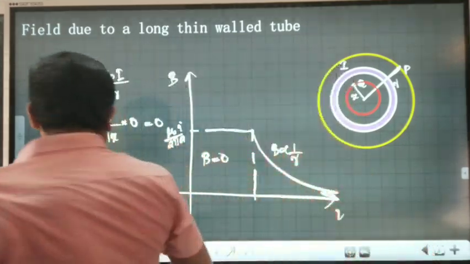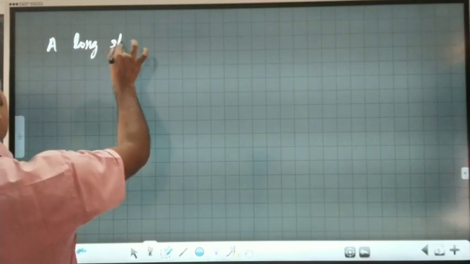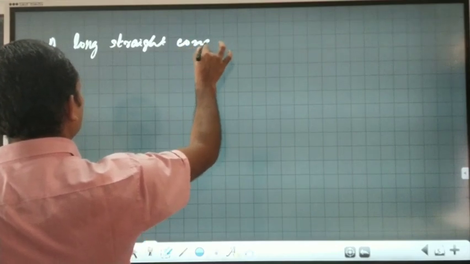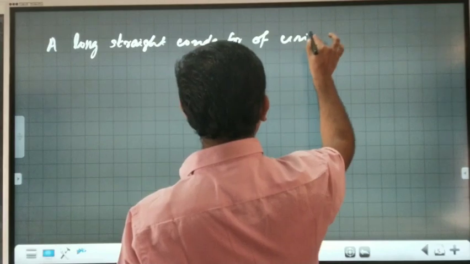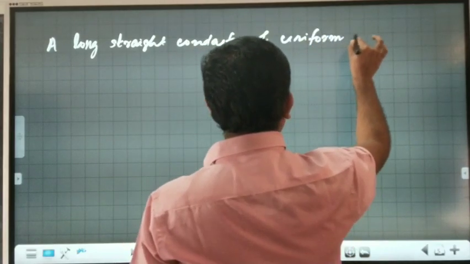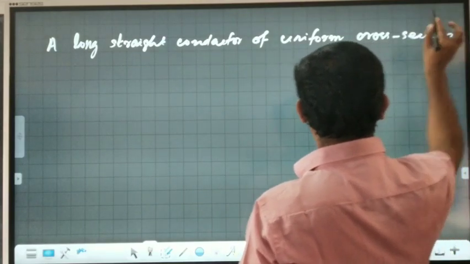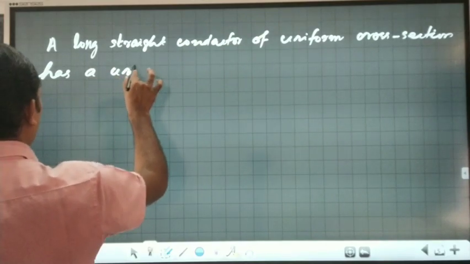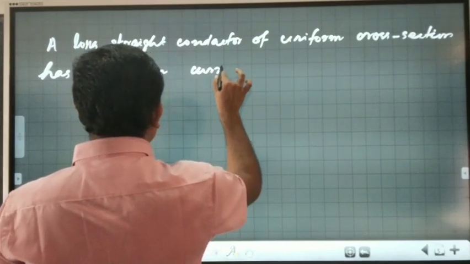Now I would like to ask another question. A long straight conductor of uniform cross section has a uniform current density.